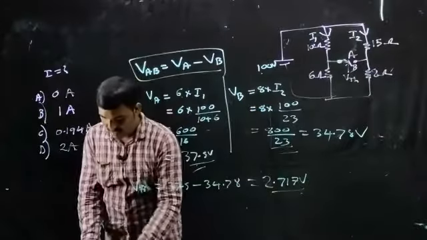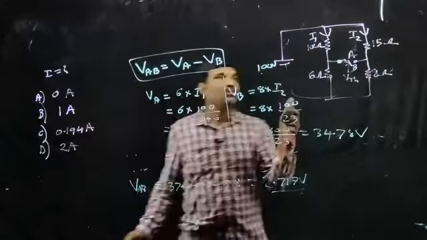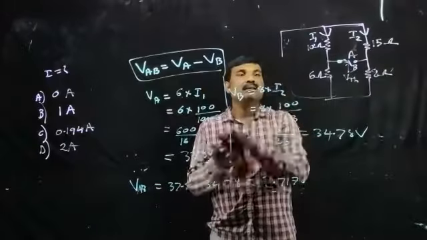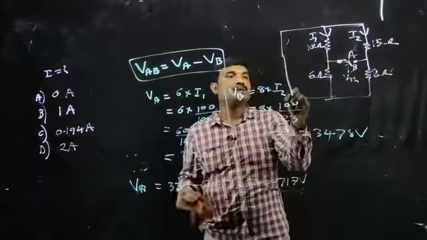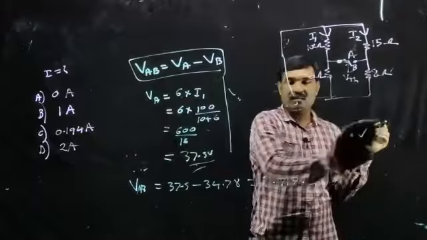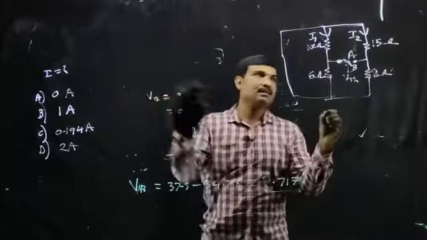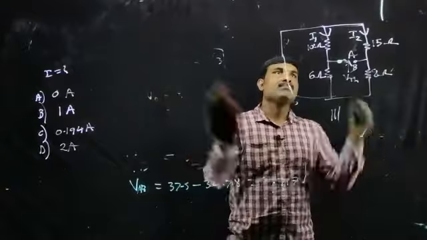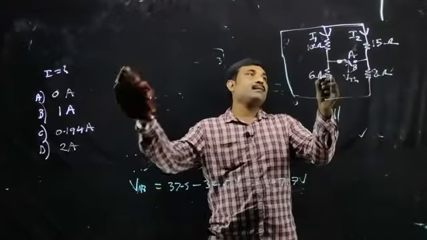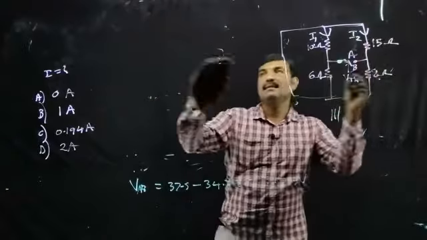Now we want to find Thevenin's equivalent resistance. For that purpose, what do we have to do? We just short circuit the source. So this becomes our equivalent circuit. This 10 and 6 are in parallel, and this 15 and 8 are in parallel.